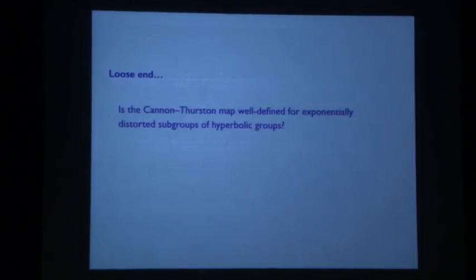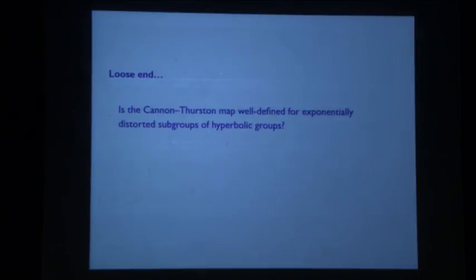Okay, just to finish, there's one loose end here, I think. I mentioned a moment ago that the word on D's I was talking about was doubly exponentially long as a function of n.